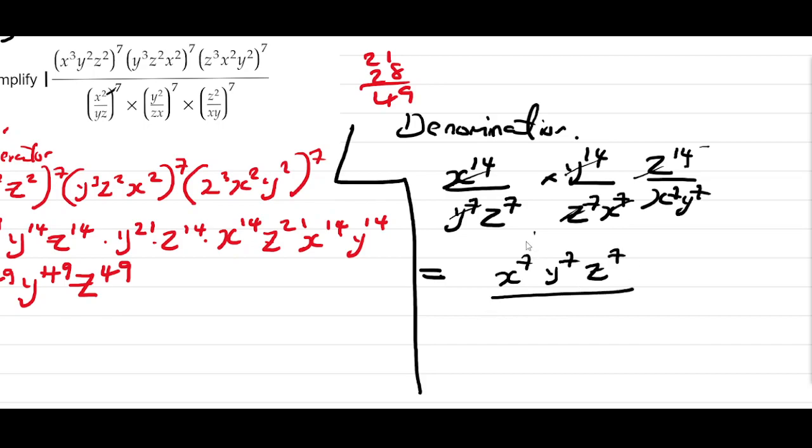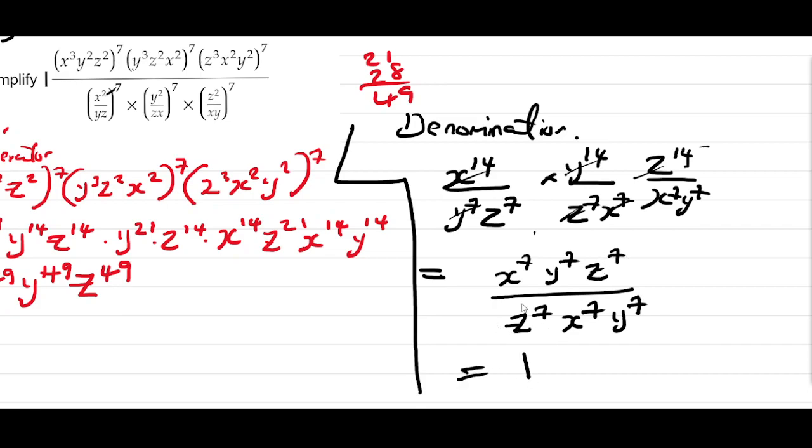And then on coming down here, we'll have z to the 7 here, x to the 7 here, and then y to the 7, of course. Now they all cancel out, everything reduced to 1.